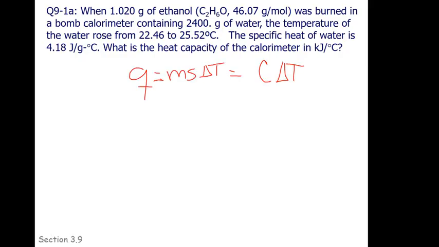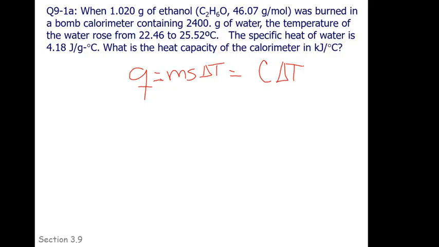So I remind you that heat is equal to m s ΔT, or the heat capacity of the calorimeter times the change in temperature. So the assumption we're making here is that our bomb calorimeter does not absorb very much in the walls, and the water is the most important part.